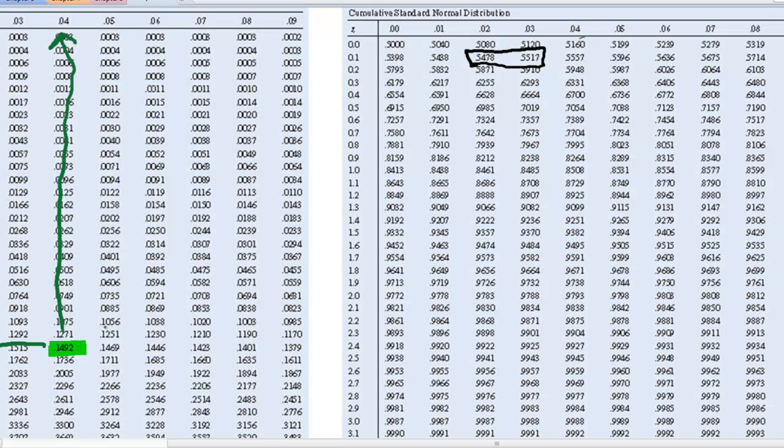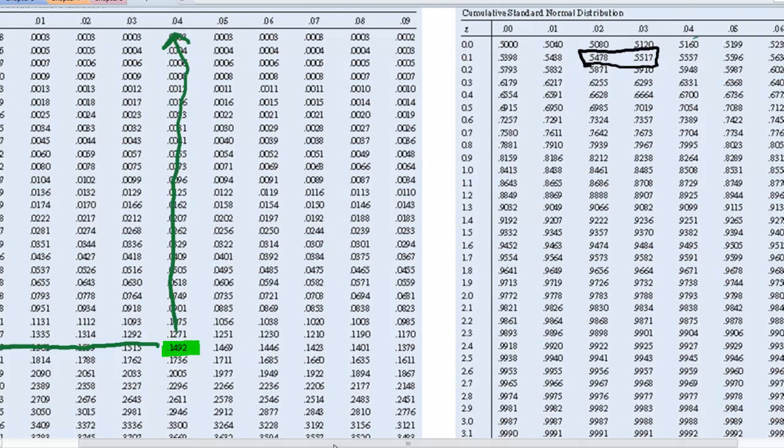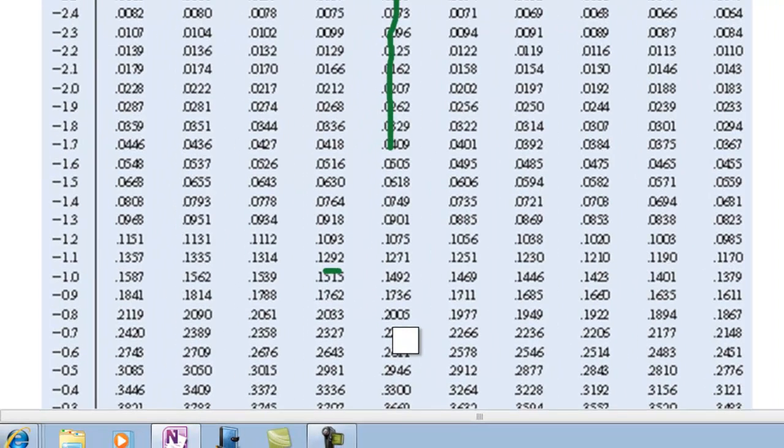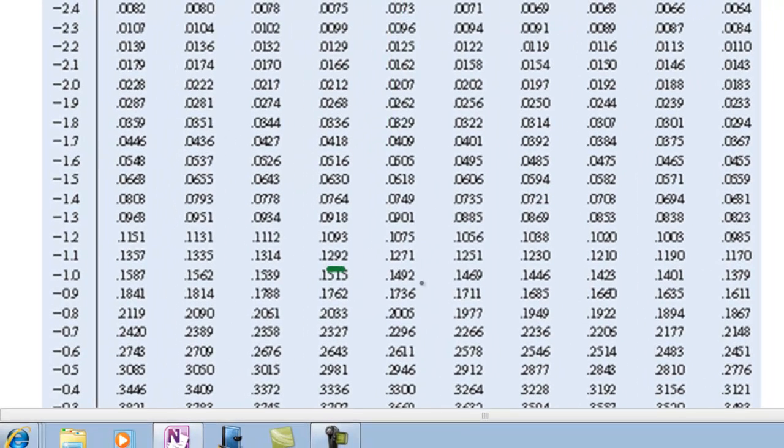So I'm looking for a 0.2 over here on the right side. Let me erase. And I actually see it right here. Okay, 0.2005. That's close enough, right?